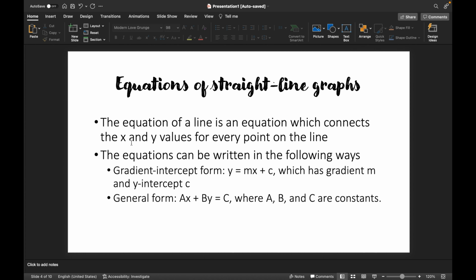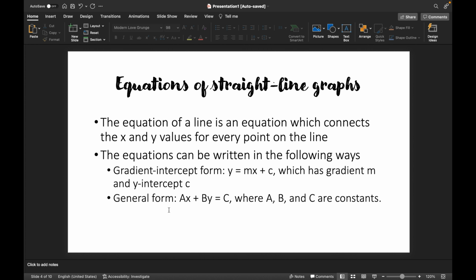That's what we mean by this statement. The equations can be written in two ways. The first one is the gradient intercept form, which is in the form y equals mx plus c, where the gradient is m and the y-intercept is c.